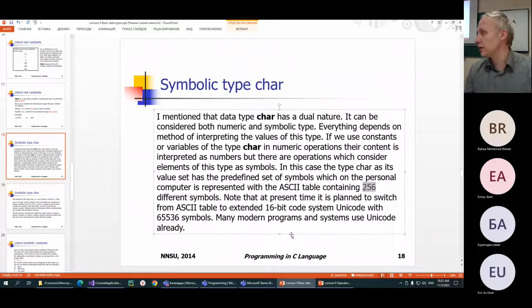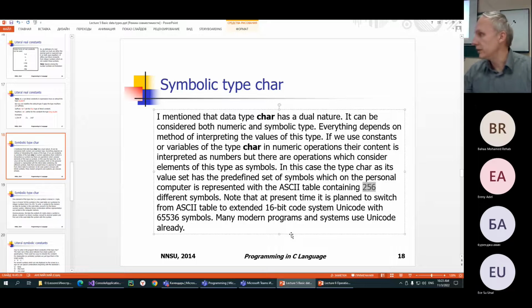This table of symbols includes Roman letters, lowercase, uppercase, all the symbols from the keyboard, and some symbols related to national alphabets.